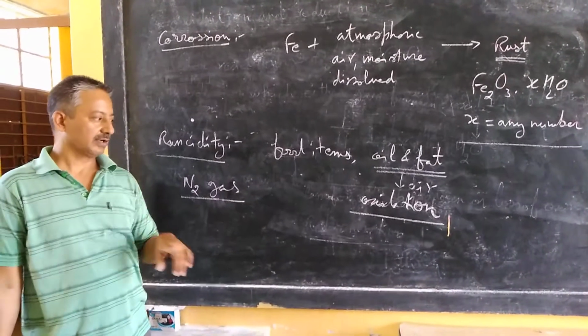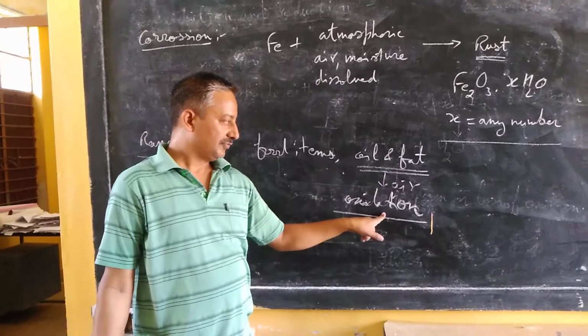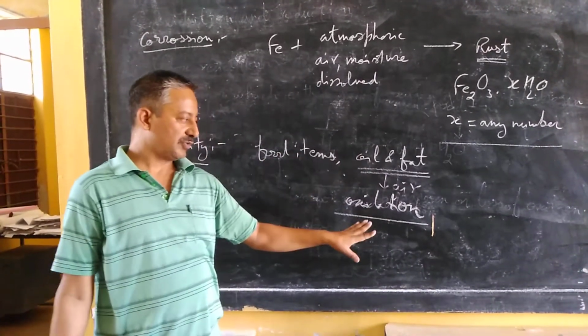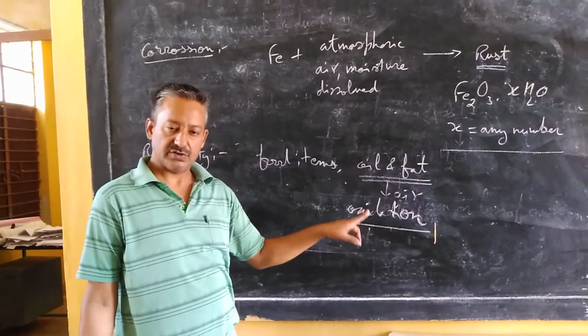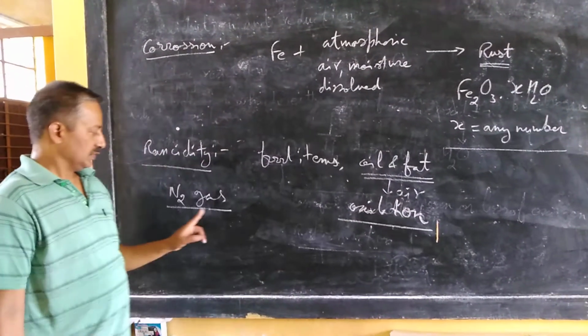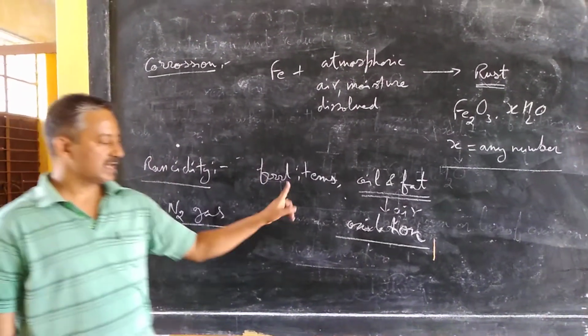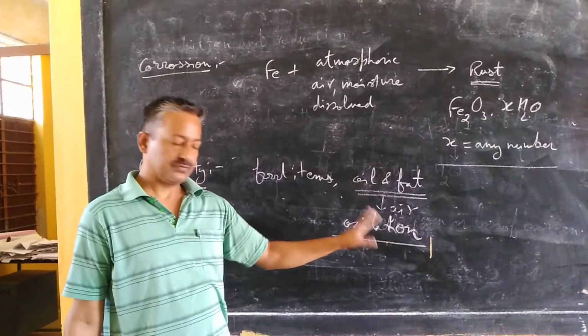That is not air. Because if it is air, then there will be oxidation process and that food item will get spoiled. We cannot enjoy the flavor and natural taste of that particular item. So nitrogen gas is used for making those food items safe, to avoid the process of oxidation.